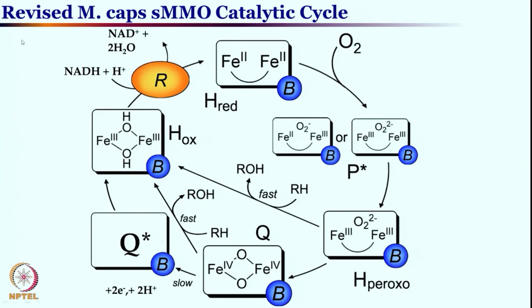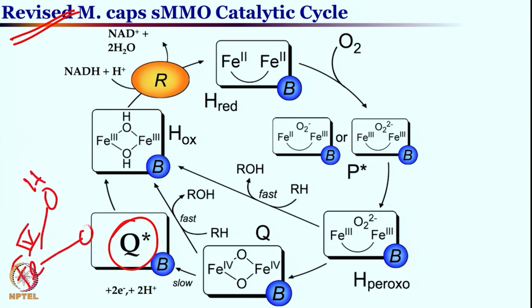There is a slight change, or a revised mechanism, subsequently. This revised mechanism tells that this iron 4 oxo or iron 4 dioxo intermediate will be capable of forming a new intermediate. Perhaps, as you have seen, this new intermediate is going to be an iron 4 hydroxo oxo iron 3 intermediate, although further characterizing this intermediate is not very easy.